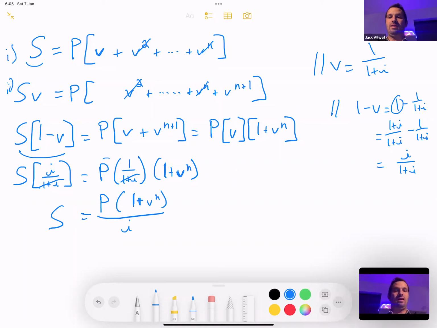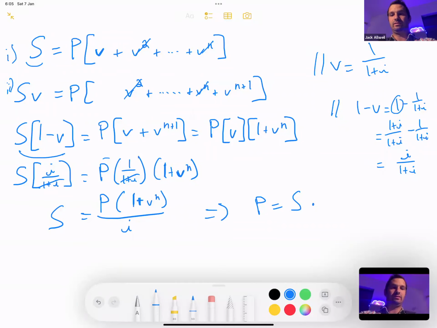Then P equals S, and then it's just the inverse. So there you go. That would be a quick route.